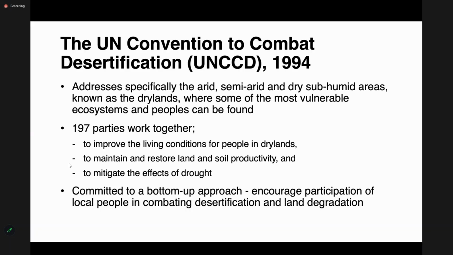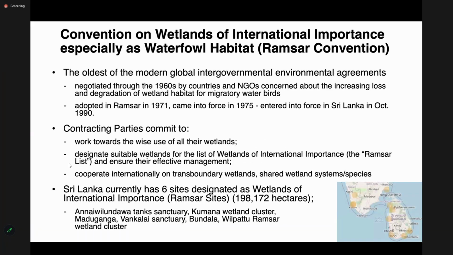Then we have the Convention on Wetlands of International Importance, also known as the Ramsar Convention. This is one of the oldest intergovernmental environmental agreements, negotiated back in the 60s.